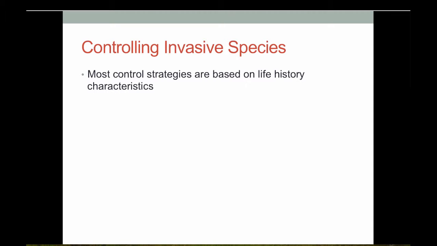And so how we manage those control species, oftentimes we can look at the life history characteristics of that species itself and gain some insight in how best to control. There's a variety of different examples here, but I just want to share a few with you that might be some rules of thumb when you think about controlling invasive species.